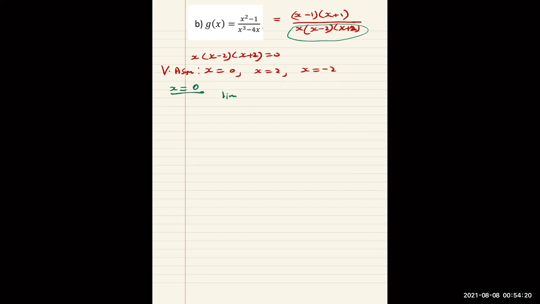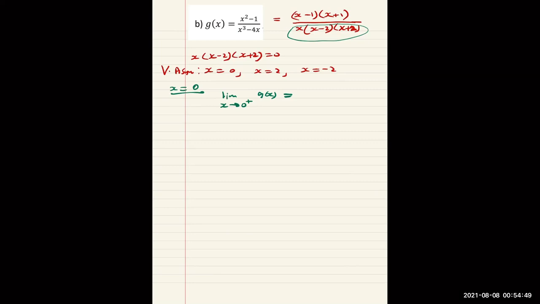I want to find the limit as x approaches 0 from the positive side, or from the right-hand side, of my function g(x). Since this is a vertical asymptote, I know that this limit is either plus infinity or minus infinity. I need to figure out which infinity it is.